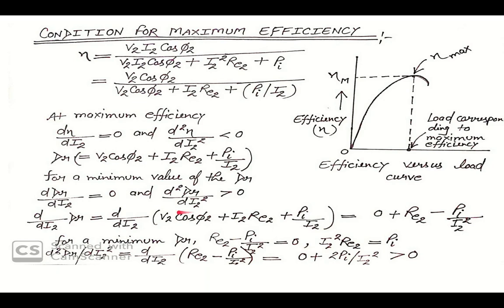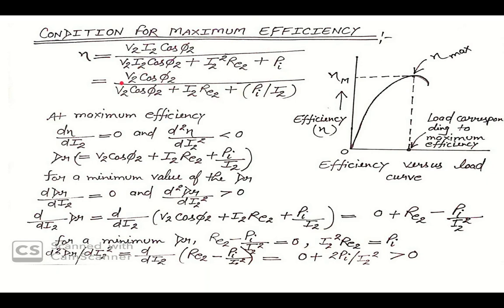First of all we have the formula for efficiency: V2 I2 cos phi 2, the output power, to the input power, so V2 I2 cos phi 2 upon V2 I2 cos phi 2 plus I2 square Re2 plus Pi. Now we divide the whole right hand side by I2, the load current.